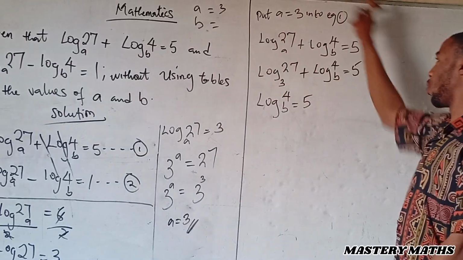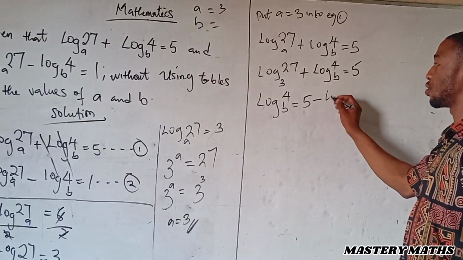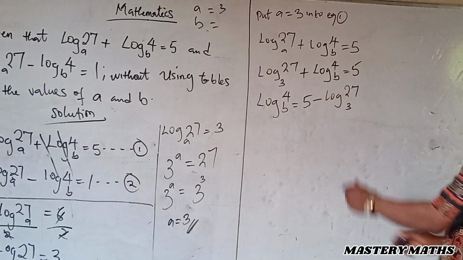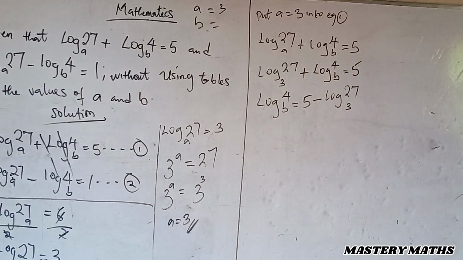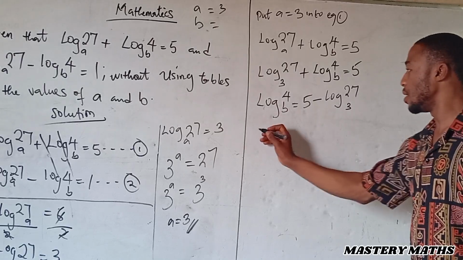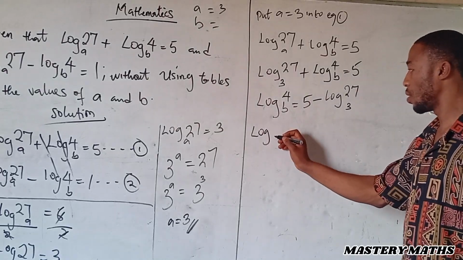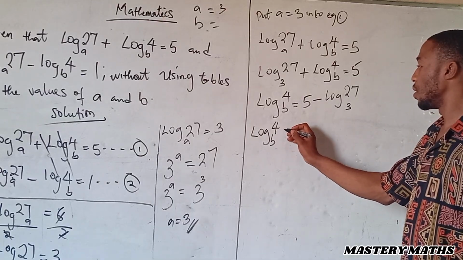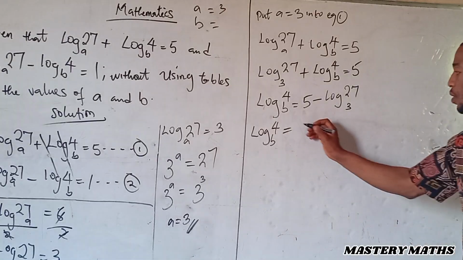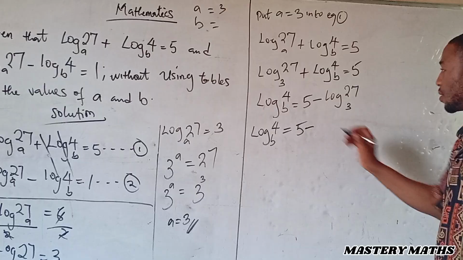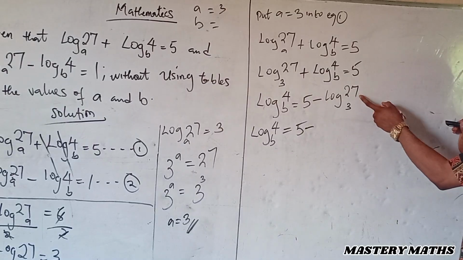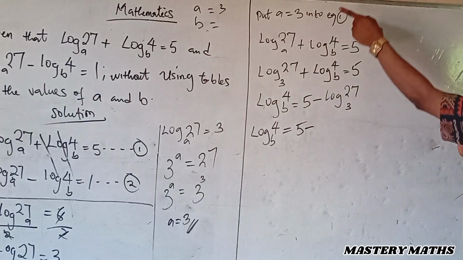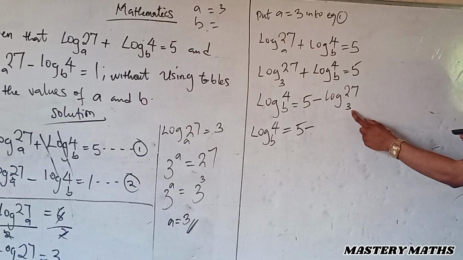Now this one will go to the other side, making it minus log 27 in base 3. So log 4 base B equals 5 minus log 27 base 3. Watch, this 27 can give us a power, because of the base here.